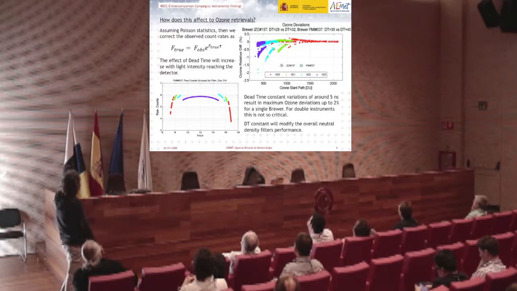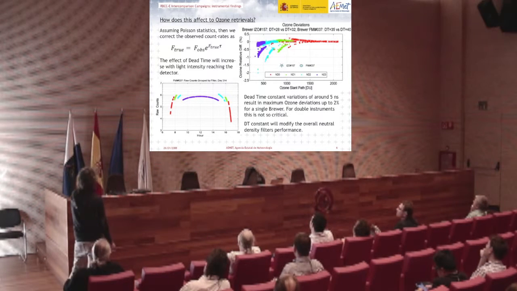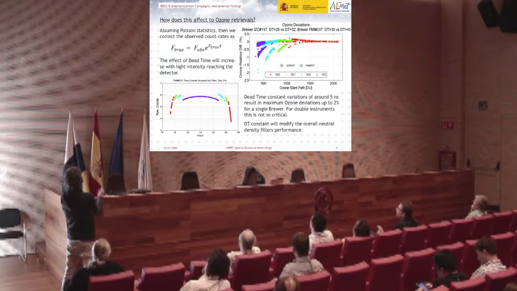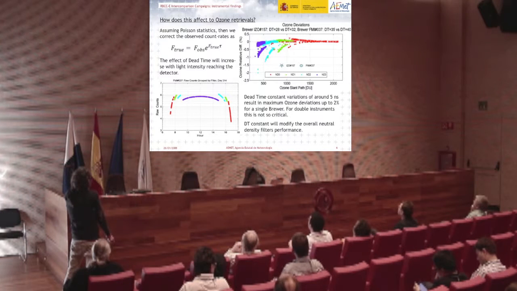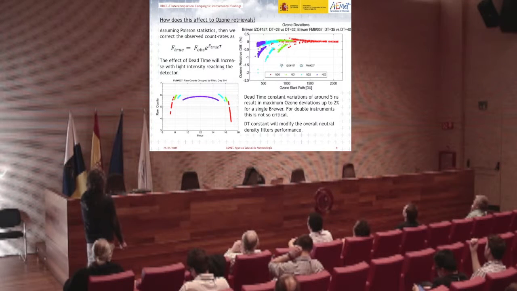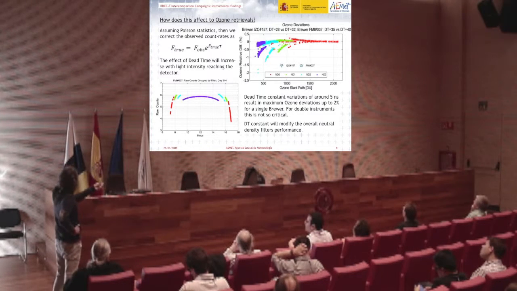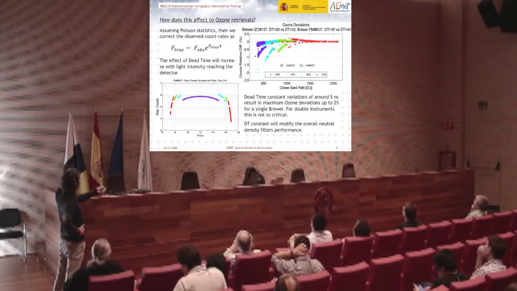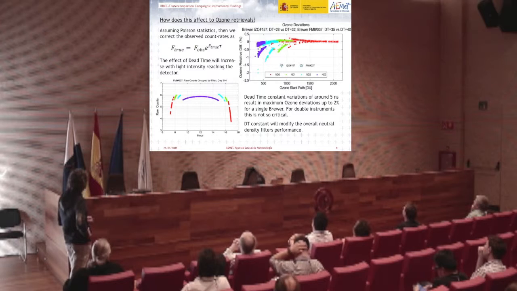Okay, if we assume Poisson statistics, then we correct the observed count rate following this equation. So the effect of dead time will increase with light intensity reaching the detector, the PMT tube. We see in this plot that the effect of dead time is quite different for double than for single Brewers.